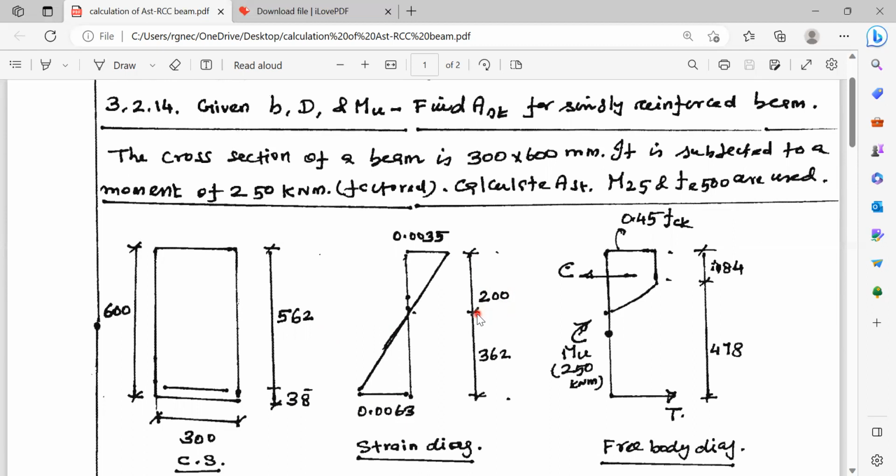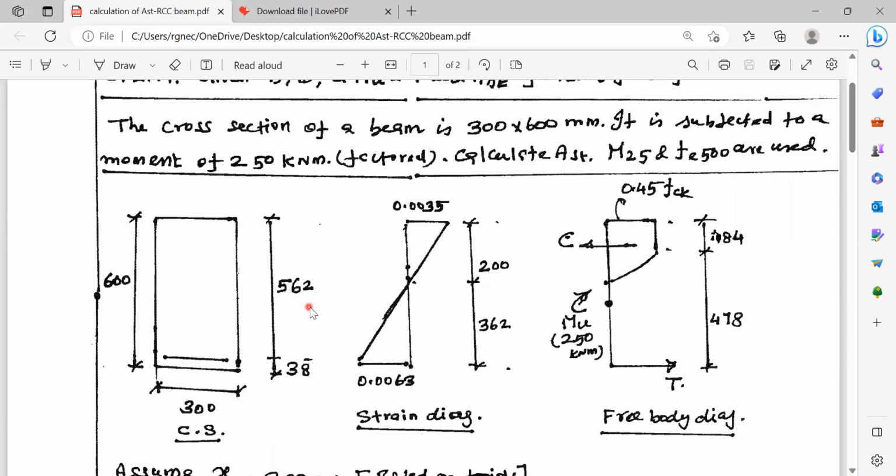We are within the maximum limit, because this 200 mm is very much less than 0.46 times 562. What is 0.46 times 562? That is the balanced depth of the section, 0.46 d. And this 200 mm is less than 0.46 into 562. Therefore, we are well within the limit. So that check has been performed.